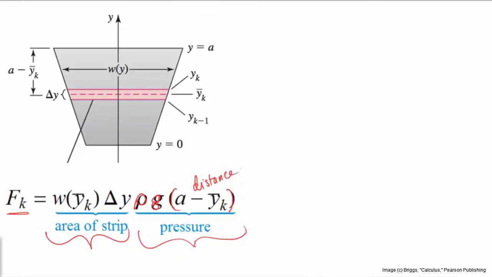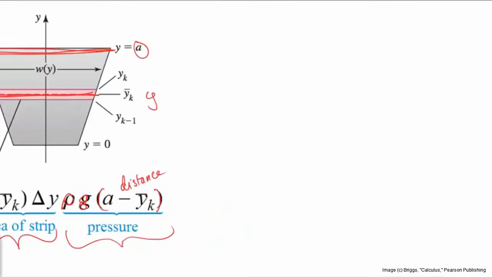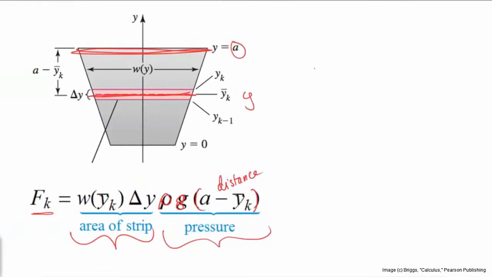So if this is the top here of your dam, then that's the number A. This is your y value. That's the number y. That distance between them, just like in the previous problem, is a minus y. And so that's what they're saying here.